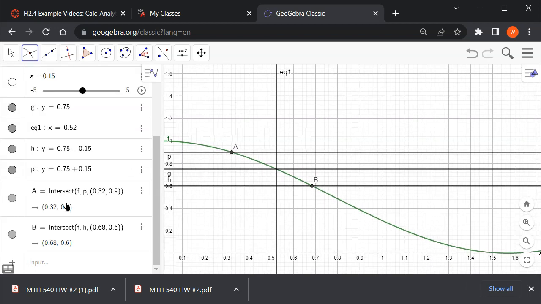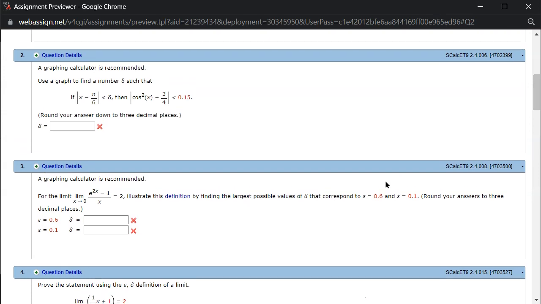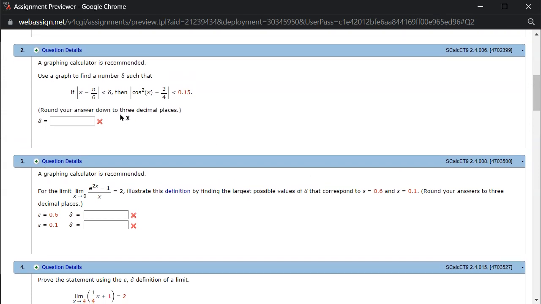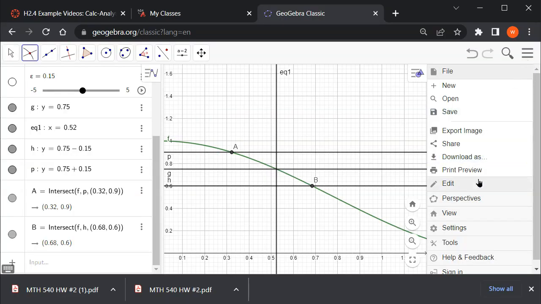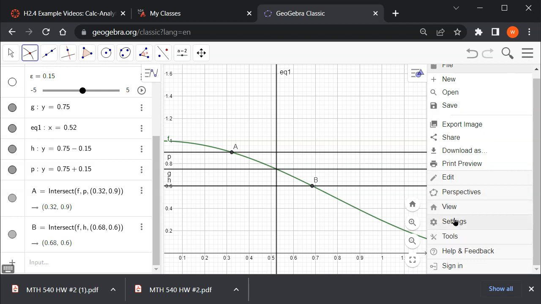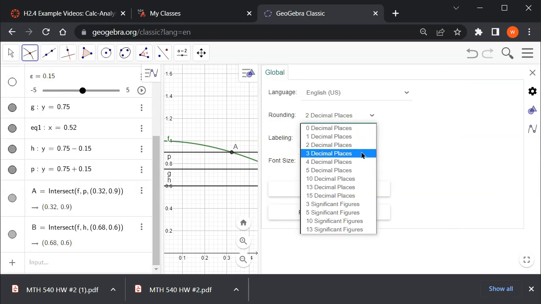We need to give the answer to 3 decimal places, so we need to change that. We can go to the settings here and change it to 3 decimal places.